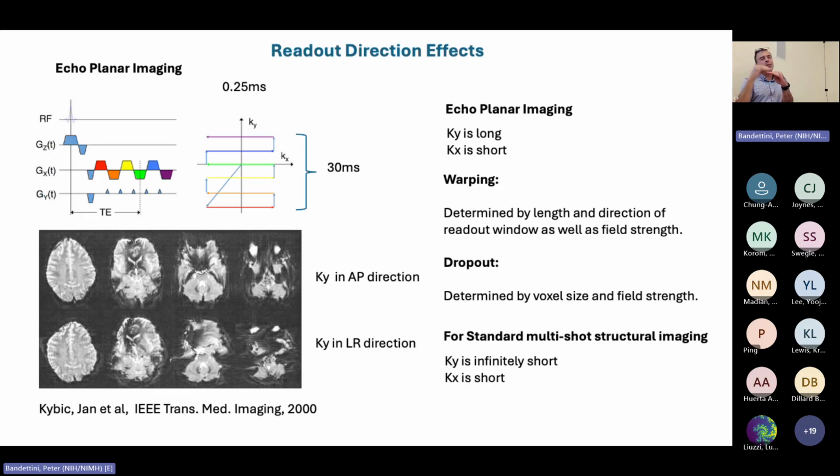So there's no distortion in one direction, and only a tiny bit of distortion in the other direction, 0.25 milliseconds essentially. That's why your structural images look great and your echoplanar images look bad, because of the length of the readout window. If you squeeze the readout window to be shorter, the images will look better and better in that regard.